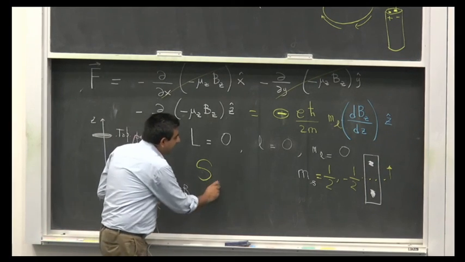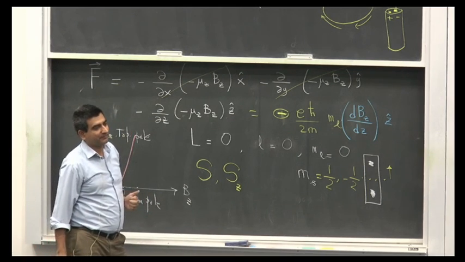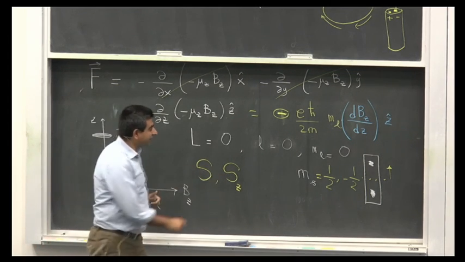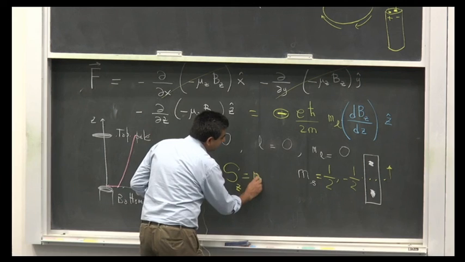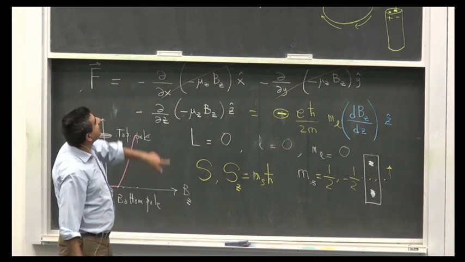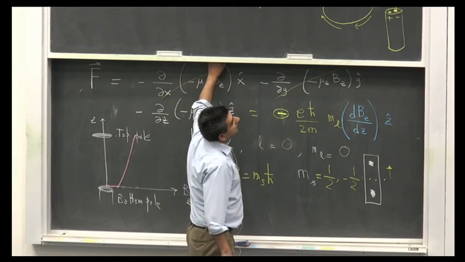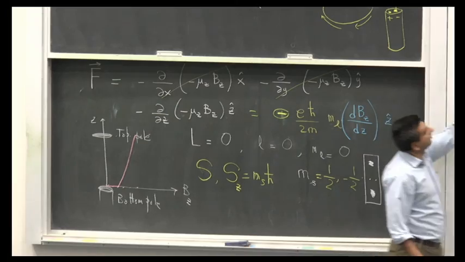And if I look at the Z component of this angular momentum, then it's quantized according to ms h bar. And exactly the same formula holds true. Where is my formula? This thing here.